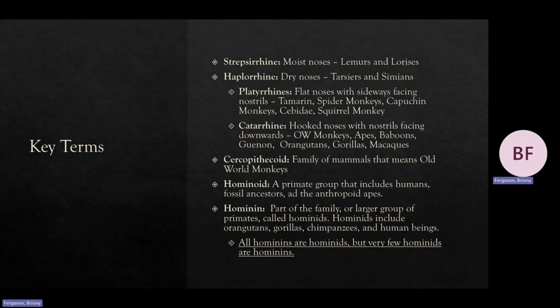Now, hominids include orangutans, gorillas, chimps, and human beings. However, hominins really only include specific human ancestors and then humans. It's kind of the square and rectangle thing that you learn in math. All hominins are hominids, but very few hominids are hominins.